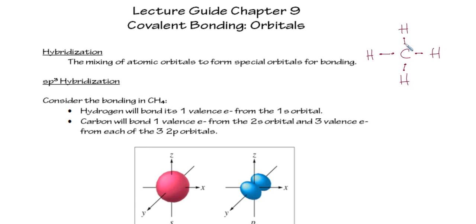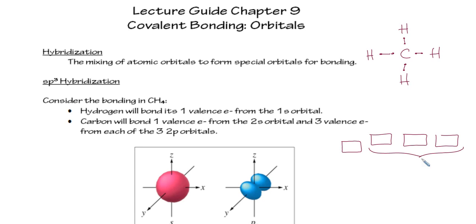If I think about the valence electrons in carbon, let's sketch an orbital diagram. So we would have something that looks kind of like this. And I'm only going to look at the valence electrons. I don't care about the core electrons. They're not involved in bonding.